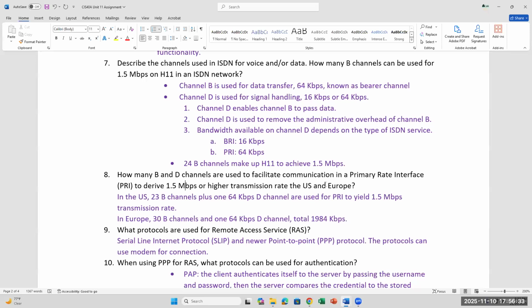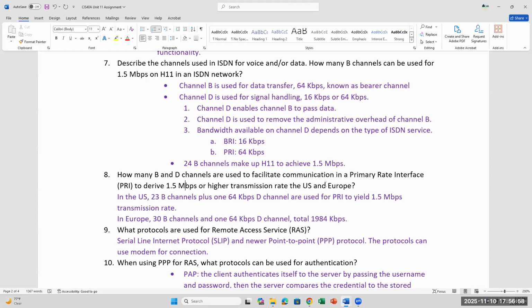In Europe, the regulation is different, and you see this across a lot of different things. If you're in my forensic class, we talked about that too. There are certain things that are acceptable and not acceptable in different parts of the world. So in Europe, you get 30 B channels plus 1, so 31.